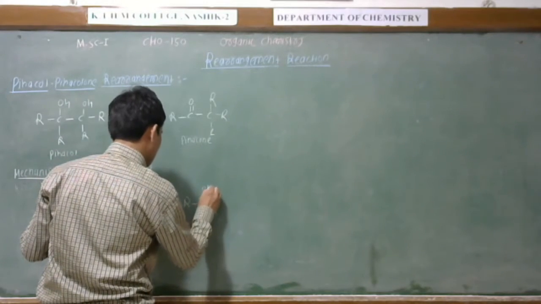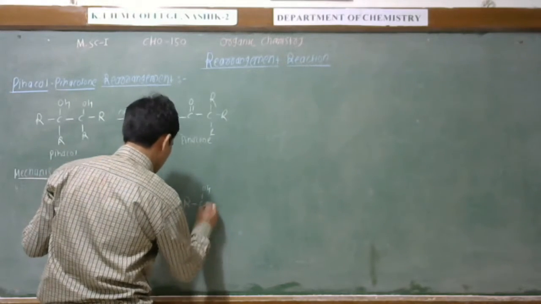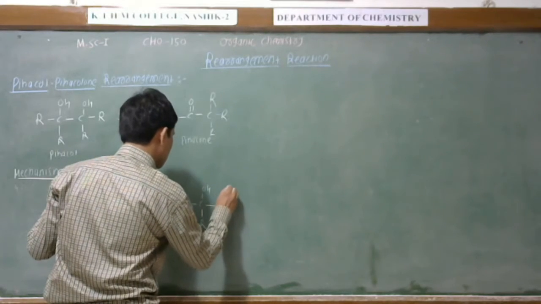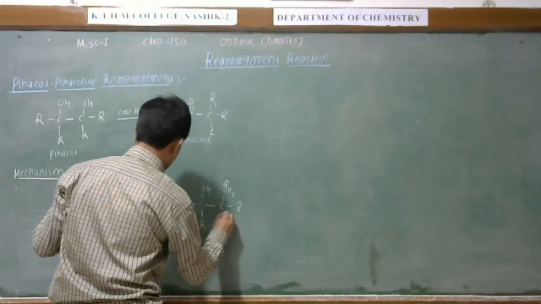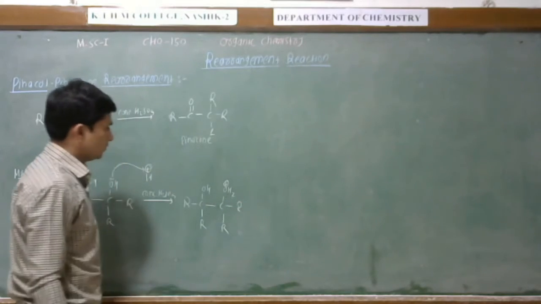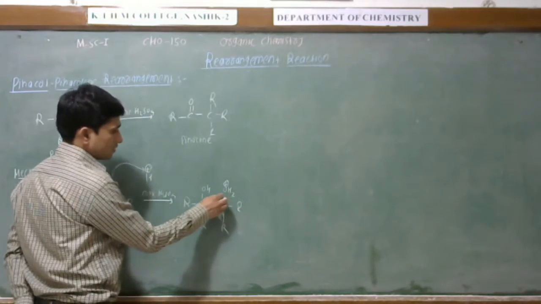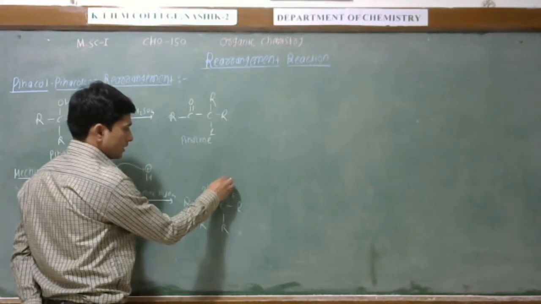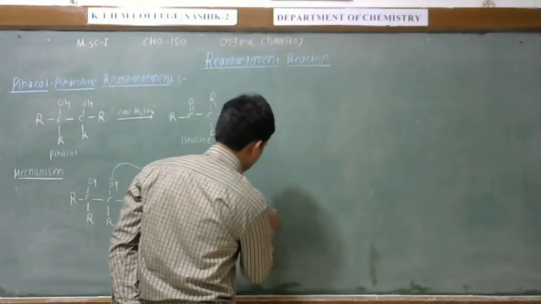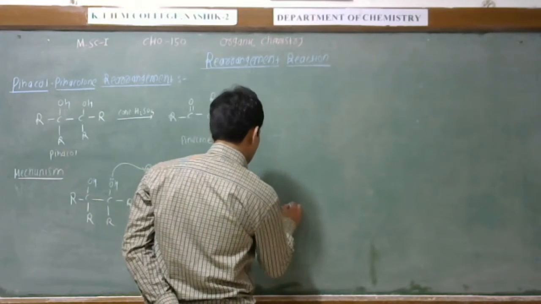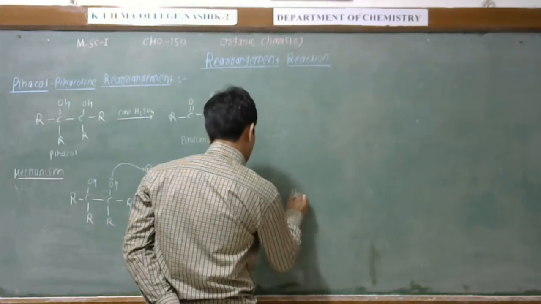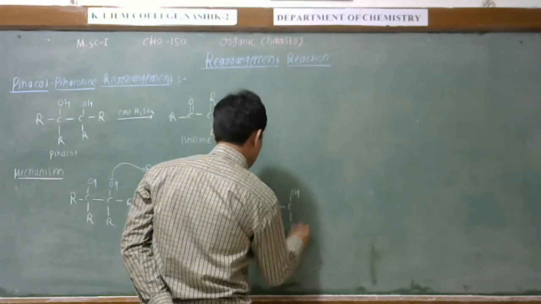So this is the OH, this is the R group, this is the R, this is the OH2 plus, and this is R group, this is R. Now this OH2 plus will be removed from here, as this is a good leaving group. We got here the classical carbocation.